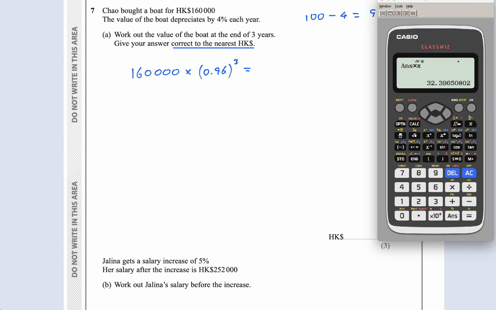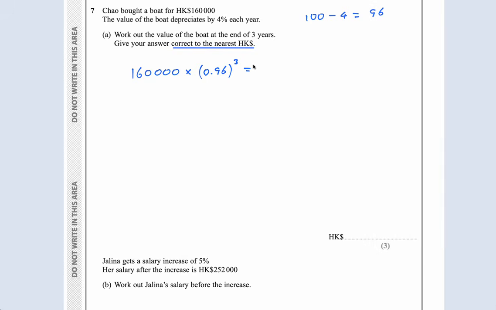So I just do this to the power of 3. And that gives me 160,123 times 0.96 to the power of 3. And I get 141,557.76.